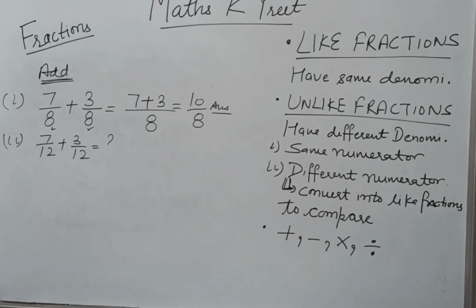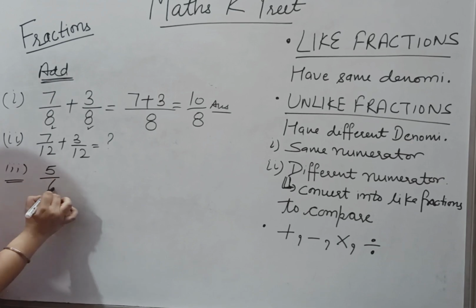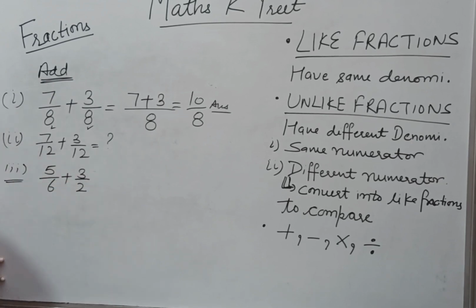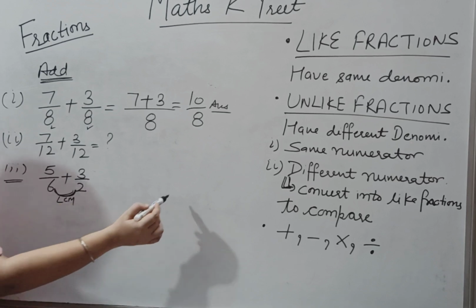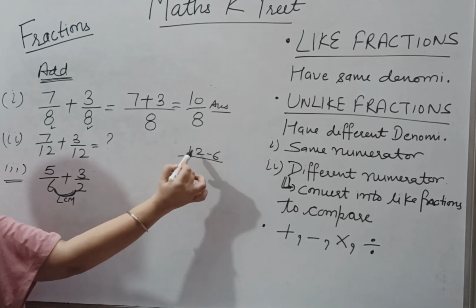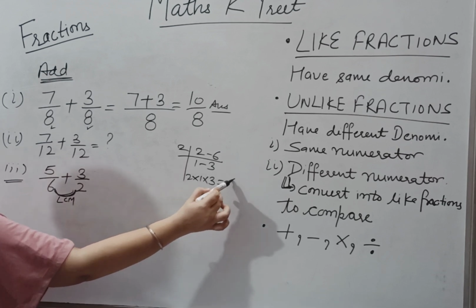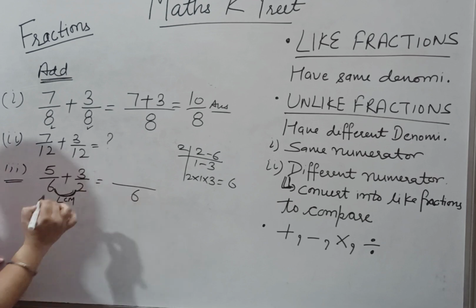Next, the third example for the addition. When we have to add unlike fractions, how will we do that? We will just take the LCM of the denominators. So we know the LCM of 2 and 6 is 2 into 1 into 3, which is 6. So we will write the LCM here, 6.